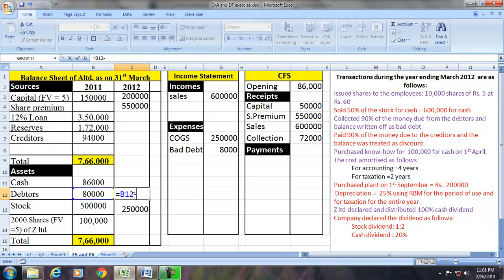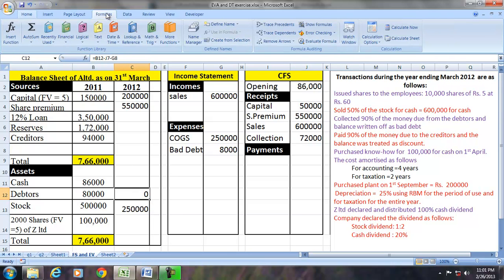So the debtors will reduce to the extent of collection and bad debt, so the debtors will become 0. And this collection is not an income but the reduction of debtors.